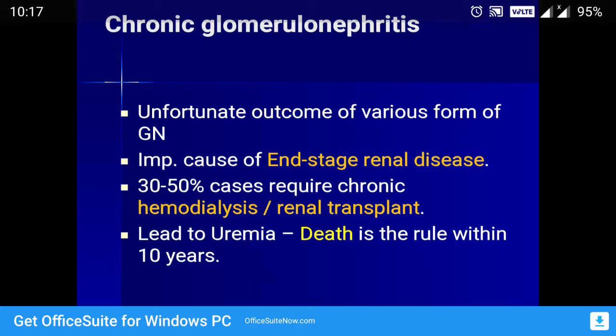The kidneys are not functioning properly in these patients, so the treatment is hemodialysis or renal transplantation, and usually these people die within around 10 years.